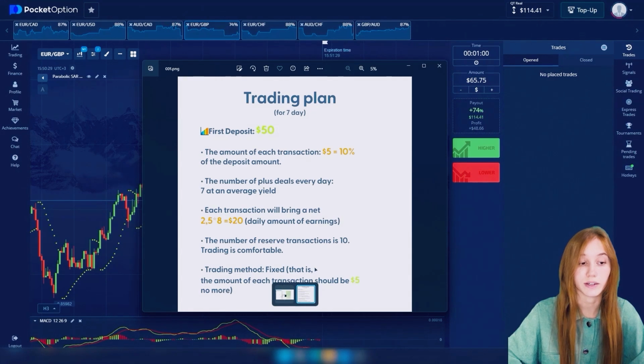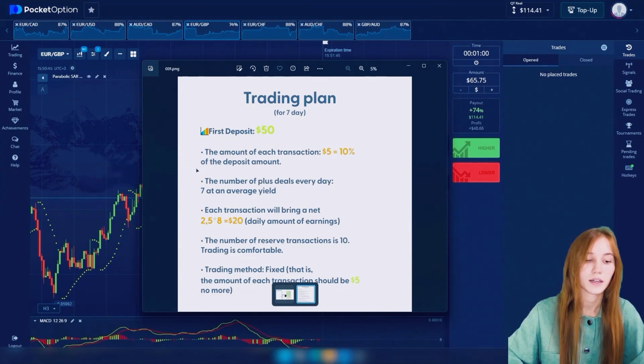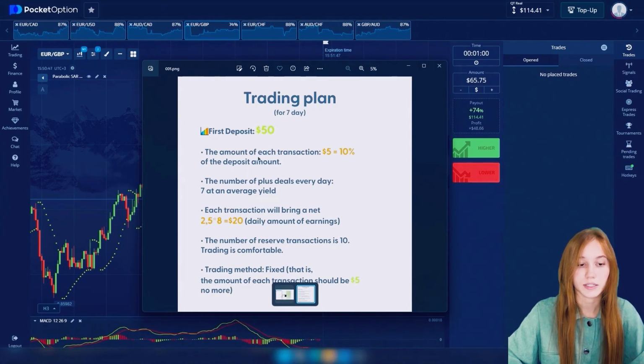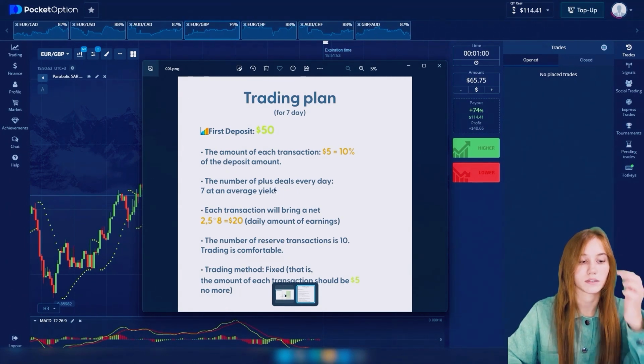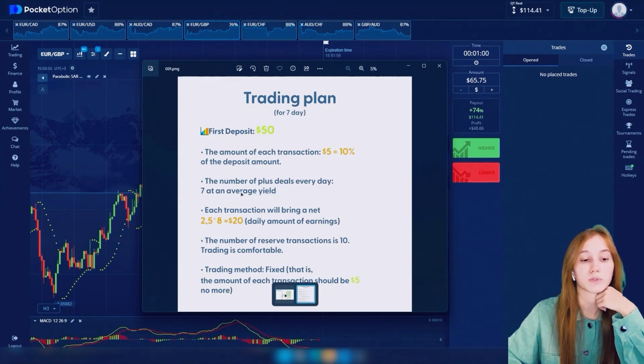It's a plan for 7 days with a $50 starting deposit. The amount of each deal is $5, which is 10% of the total deposit amount. And the number of profitable deals we have every day is an average number of successful deals. 7 days of profitable ones.